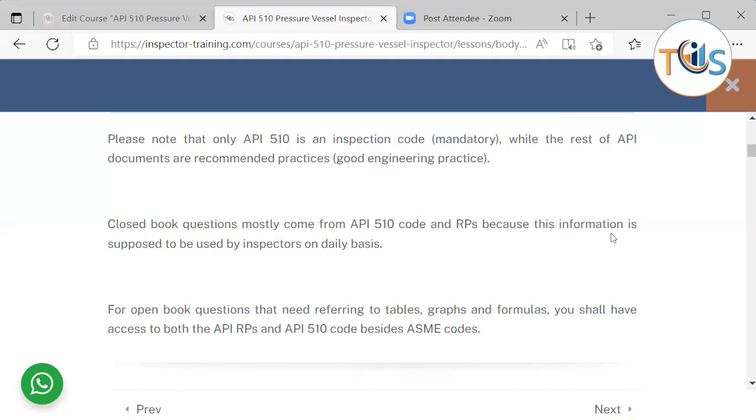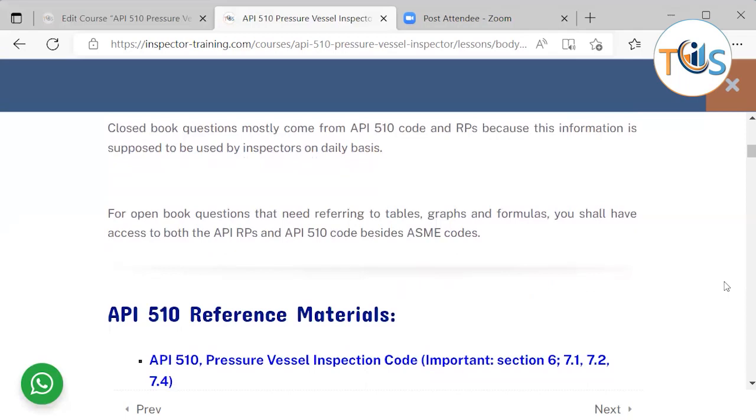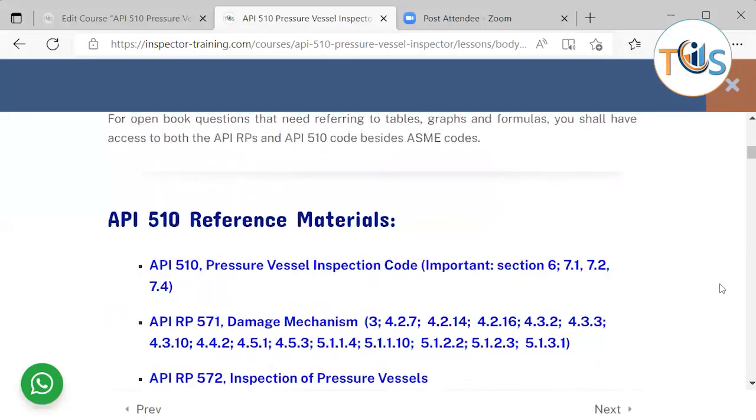But most of the closed book comes from 510 and recommended practices, because this information is supposed to be used by the inspector on a daily basis. For open book questions that refer to tables and graphs, you shall have access to both of these codes, the ASME codes and API code 510, and also the recommended practices.